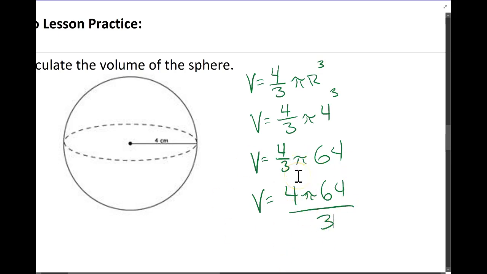So then it's very similar to finding the volume of a cone. If you recall, in order to find the volume of a cone, we were taking the pi times the radius squared times the height and dividing by 3. This is just 4 times pi times the radius cubed. It's always going to be 4 up here in this case.